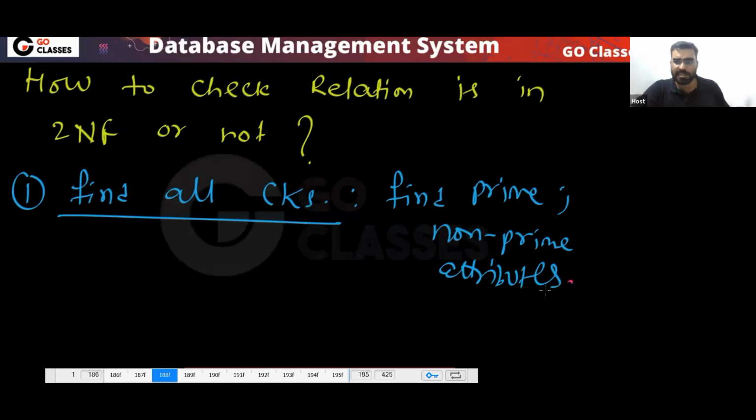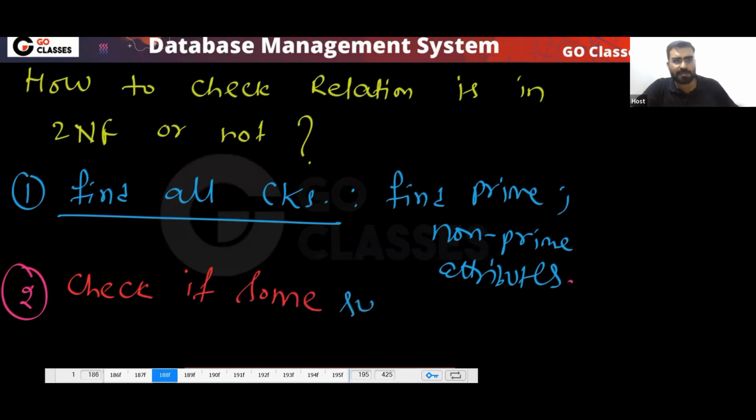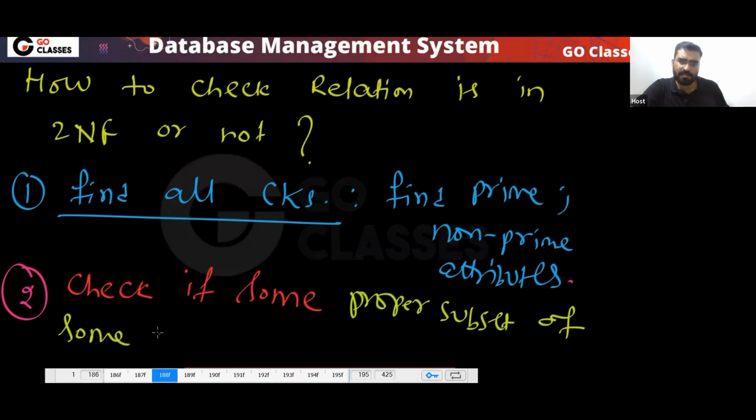After this, what is the second step? Check if some proper subset of some candidate key can determine some non-prime attribute.